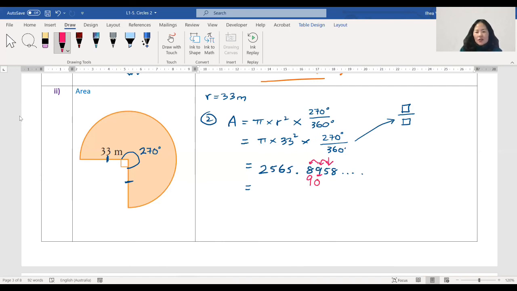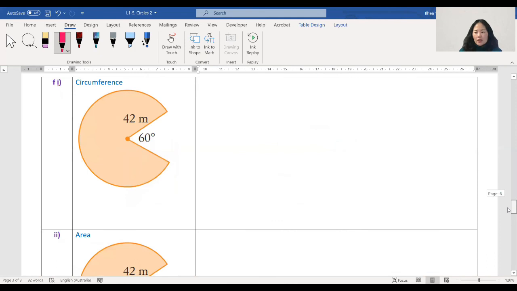Okay, so the answer will be 2565.90 meters squared. Now think very carefully about that, because we round it up from 5 to 9, and 9 becomes 10. So we have to put 0 here, and then we move the 1 to the next number, which is 8. That becomes 9.